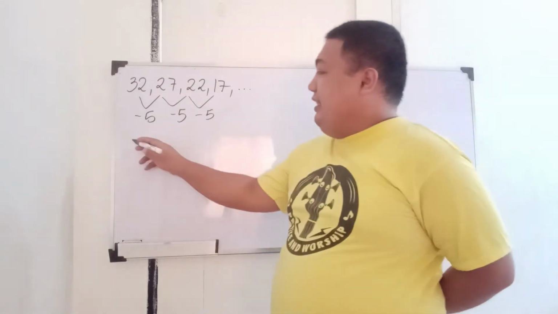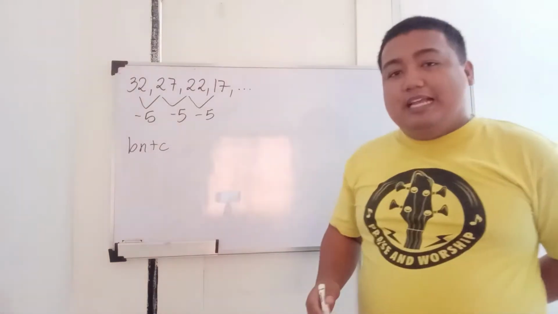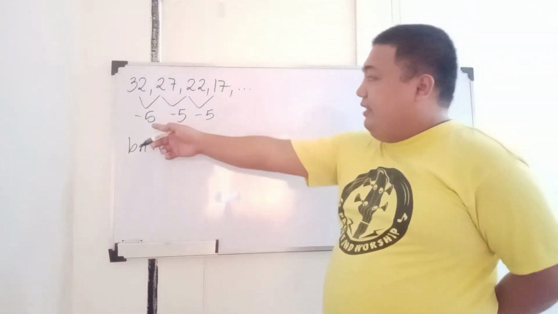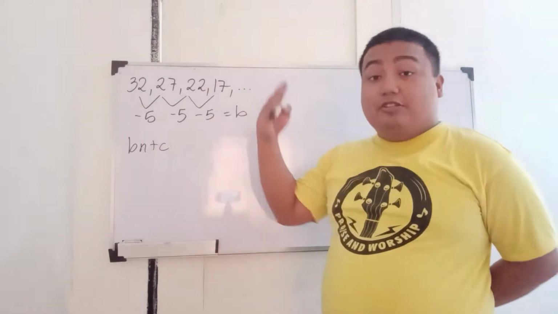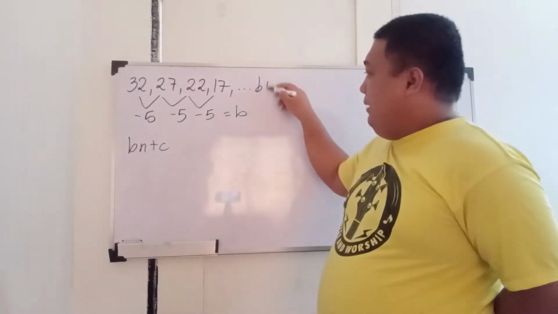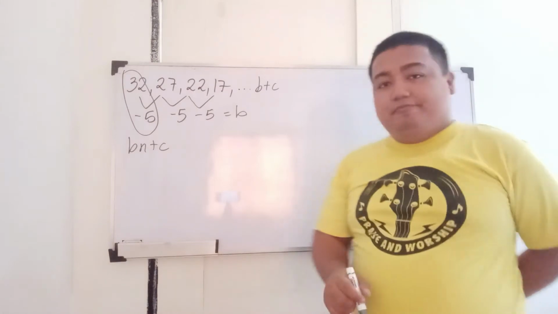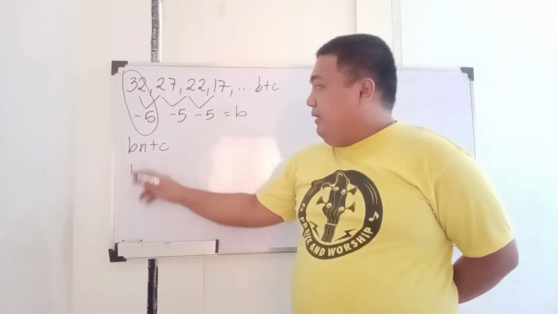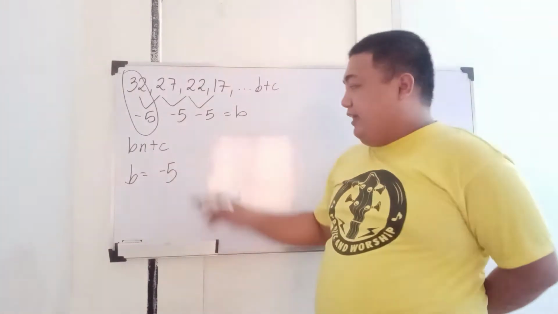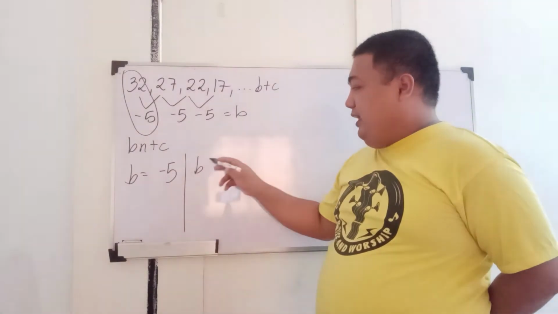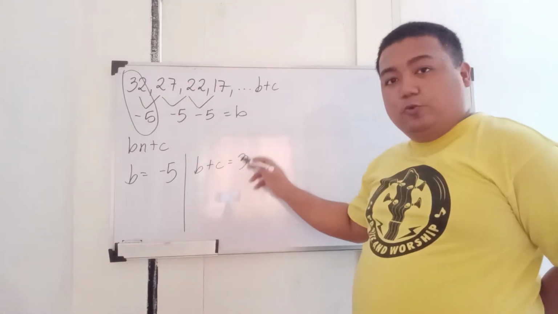So, we will use Bn plus C again. Okay? Again, the one below is our B, and the one on top is B plus C. So, we use the one here at the side. B equals negative 5. Next, B plus C equals 32.